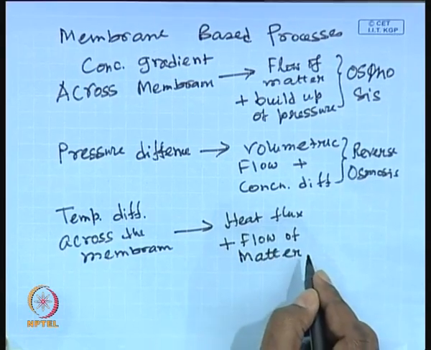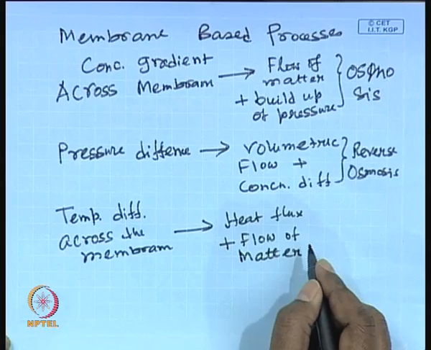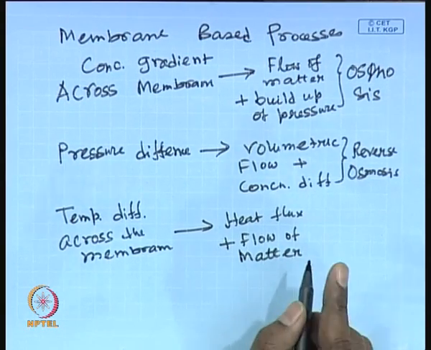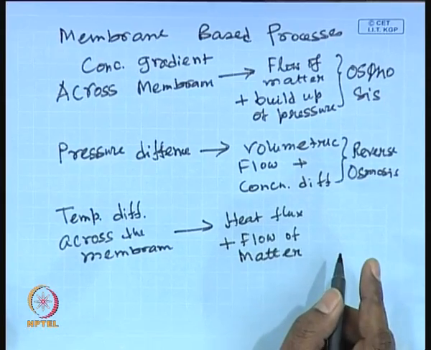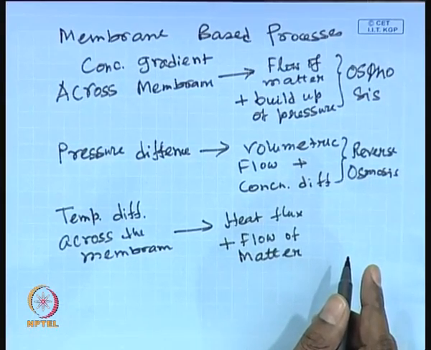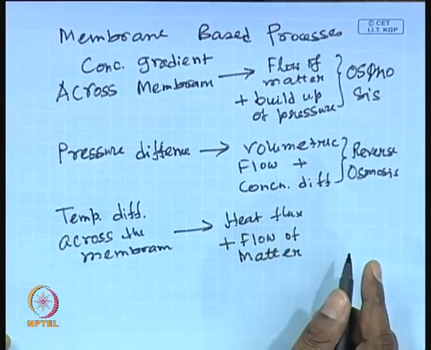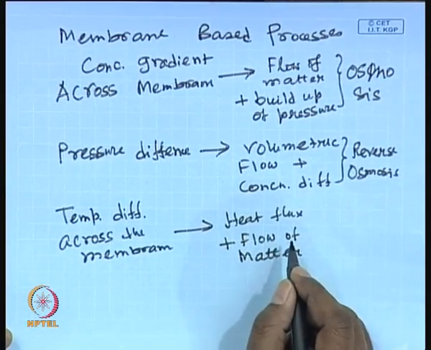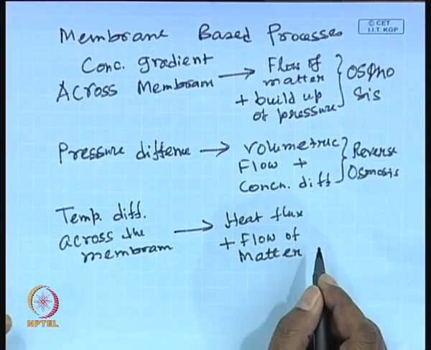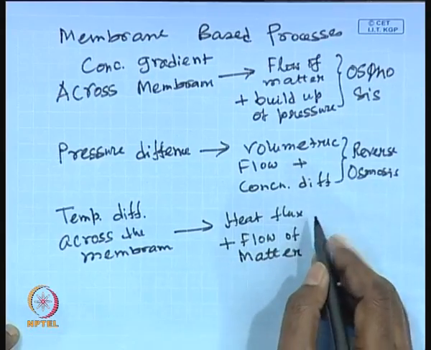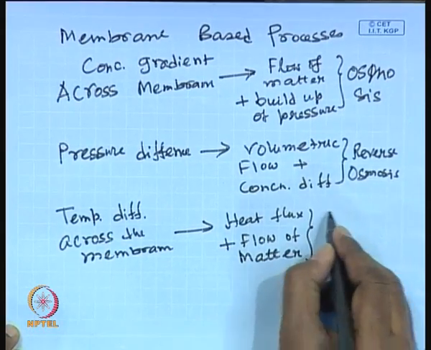That simply means if you do not do anything, if you just maintain two different temperatures in the feed side as well as in the permeate side, there will be a flow of matter. The solvent will be moving from the feed side to the permeate side, along with the heat flux, since there is a temperature difference, by Fourier's law. This combined effect is known as the thermodiffusion or Soret effect.